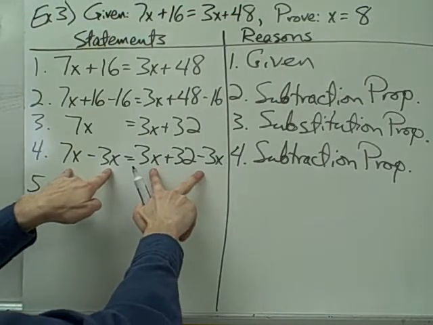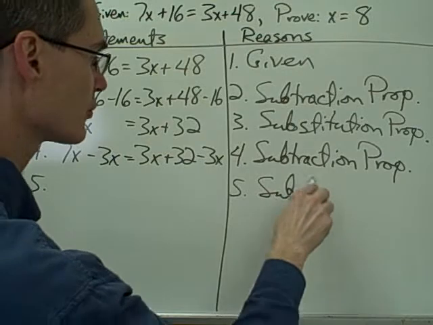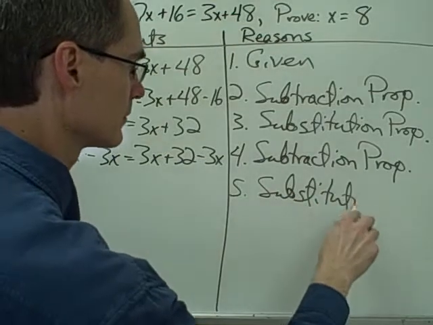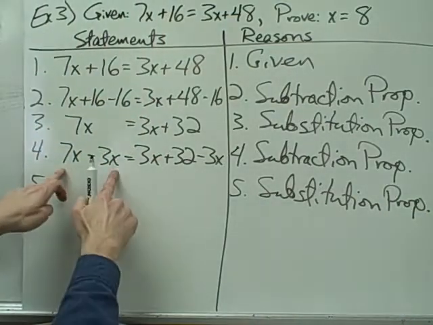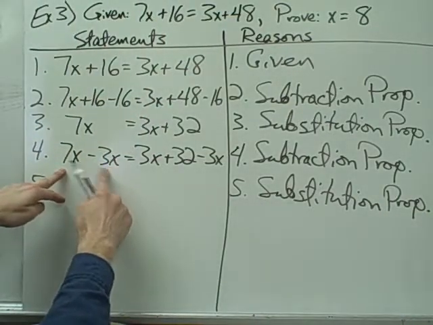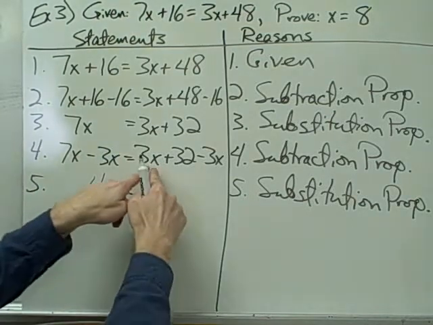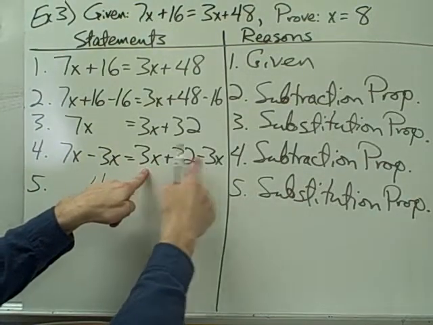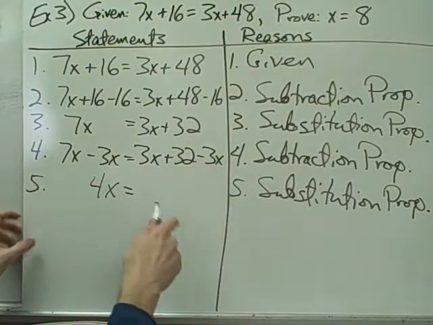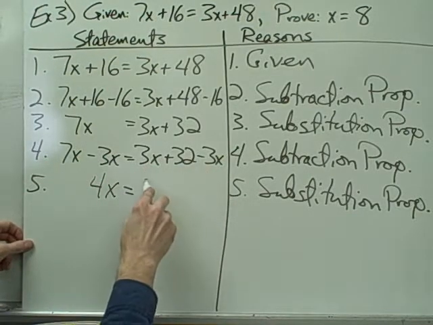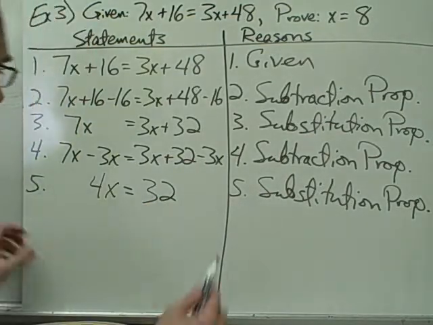And here, once again, I'm collecting like terms, which means I'm using my substitution property. I'm going to substitute the value 4x for 7x minus 3x. And over here, positive 3x and negative 3x means those 3x's are going to go away, so I'll have 0 x's. So I'm going to substitute 0 for that, and that leaves me with just 32 on this side.